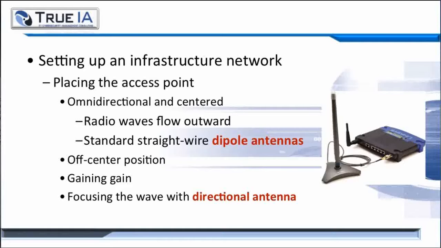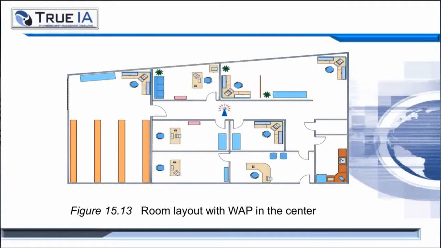And within that identification, you'll need to decide on a set of antennas. You see most of these, for instance, in ceilings and office buildings. They're using a standard straight-wired dipole antenna. Or are you going to go with an off-center position and with a focus wavelength using directional antennas? Again, these are all considerations that you must take prior to any type of access point installation.